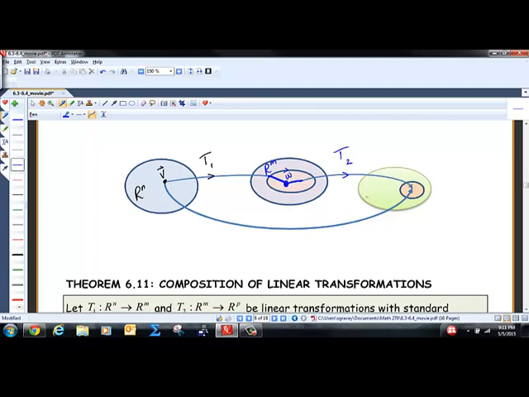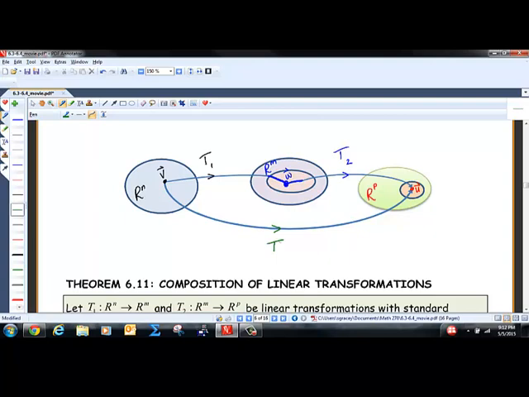Now, if we go to Rp, then this vector here would be vector u. And hey, let's say we want to go directly, right? So if you think about it directly, you've got, running out of colors here. If you think about it directly, this is just our general linear transformation T, all right?